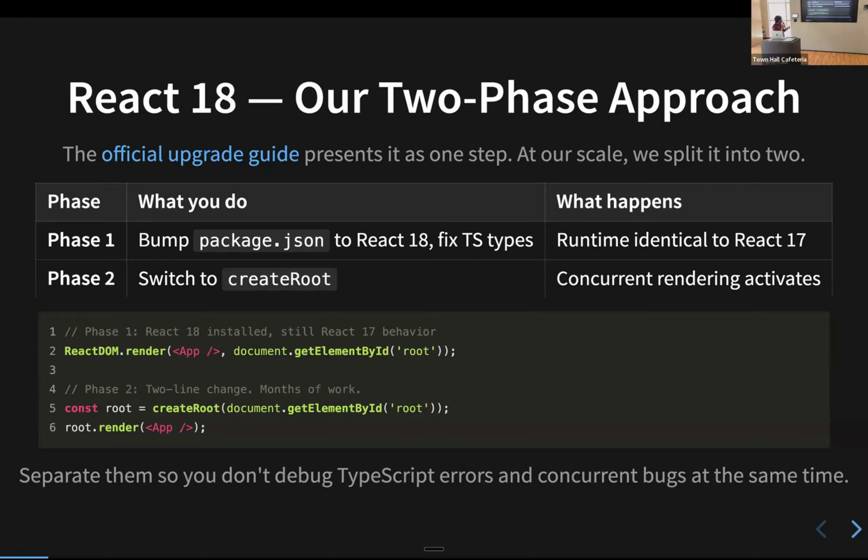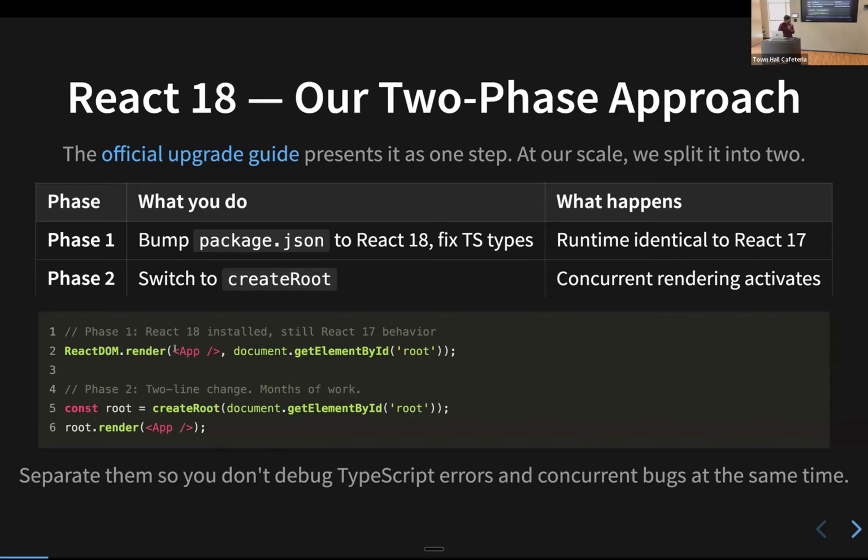So how would you go about the upgrade? We break it up into a two-step process. Phase one is to bump the package.json version to React 18 and then fix the types. In the second part, you would enable the concurrent root. I will talk more about what concurrency actually is in React 18 in later slides.